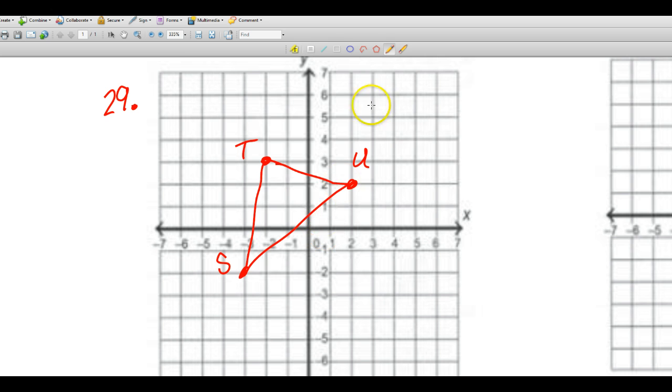And I'm wanting to reflect this in the line y equals x. And the rule is (x, y) maps onto (y, x). So for S, my coordinates were -3, -2. So now I want to go to -2, -3.